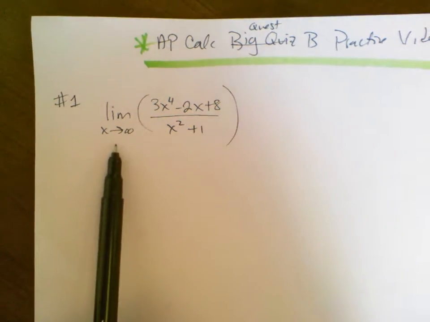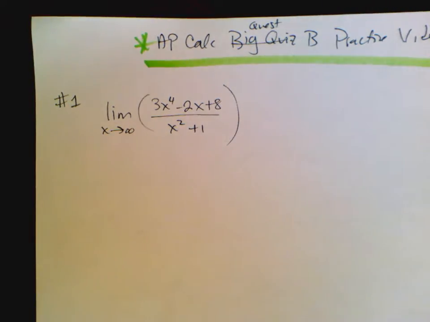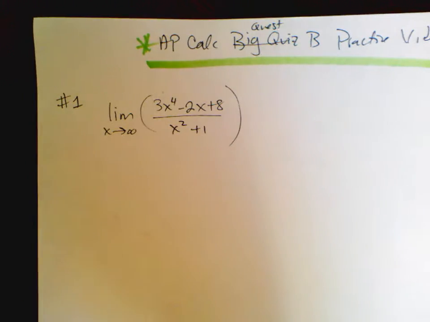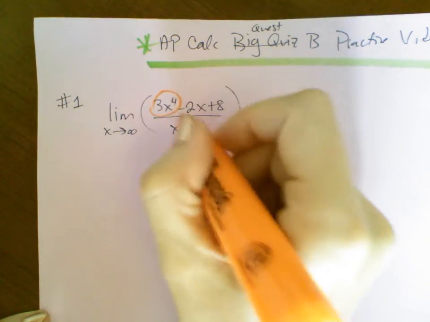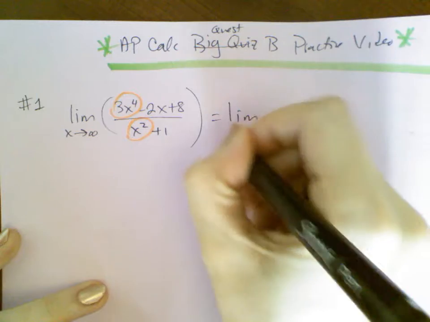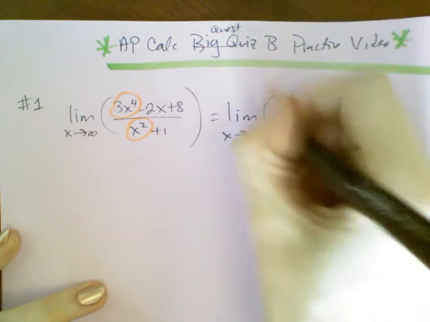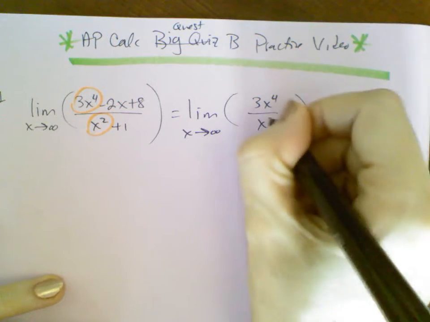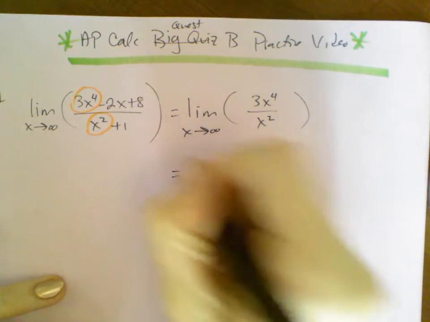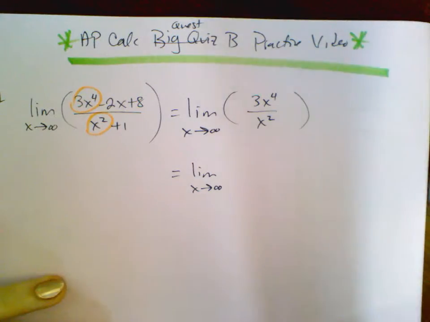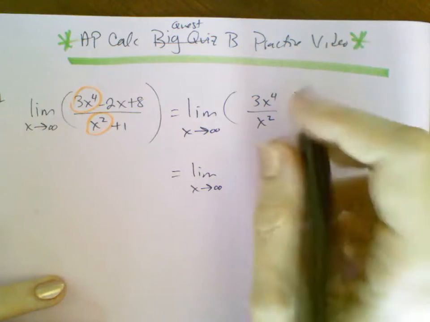So you ask yourself when you're doing the limit, is it going to infinity? The answer is yes. Then you look at the input. Do you see a polynomial over a polynomial anywhere in the input? Yes. So we're going to use the end behavior model. I'm just taking the highest power terms, so I'm going to have 3x to the 4th over x squared. You cannot drop the limit until the x's go away or until you do the substitution.